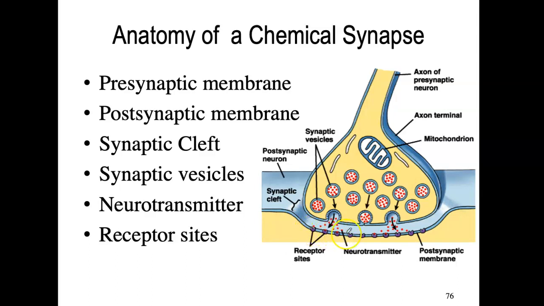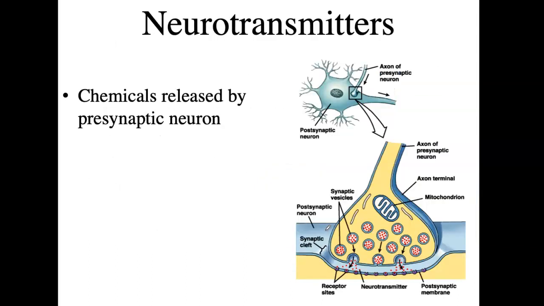So they're going to be on the postsynaptic cell here, ready to receive that neurotransmitter and then cause a change in the membrane permeability to sodium once that neurotransmitter arrives at that receptor. So that's the list of vocab that would be on the chemical synapse.